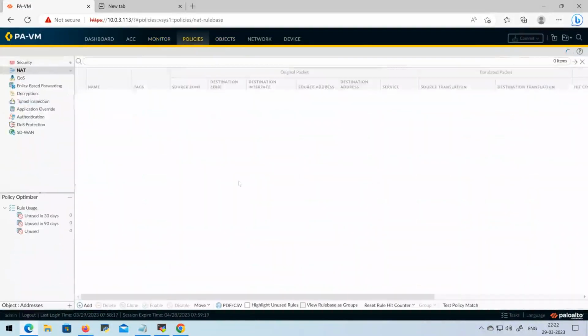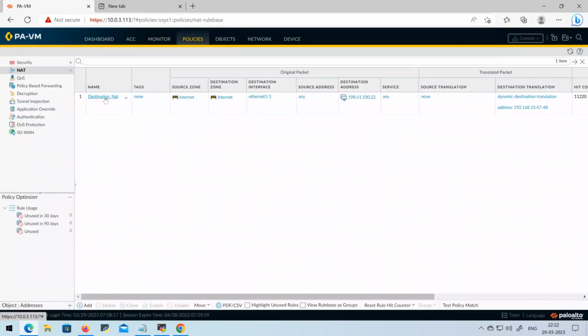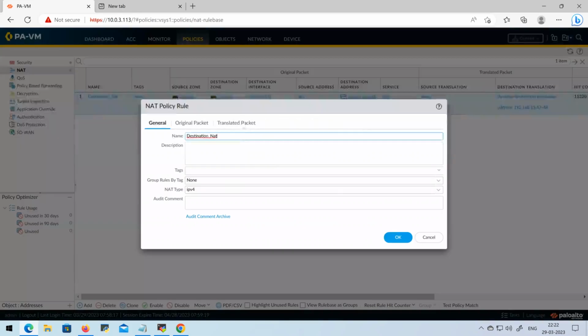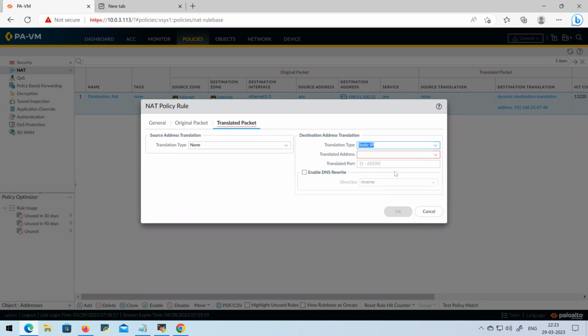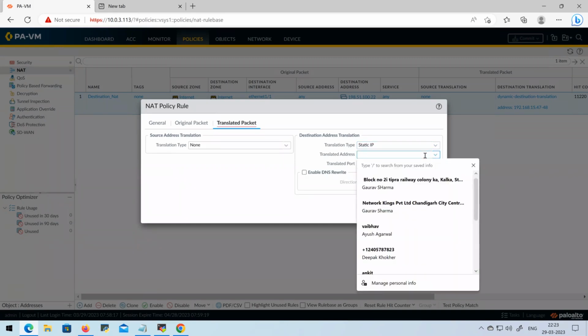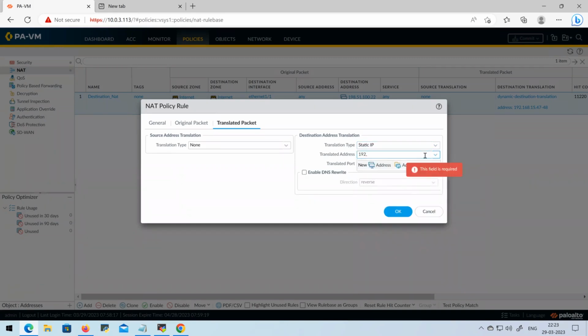Let's go to policy. Sir, one more thing is also going on. Whenever we allow these rules, during testing they are using telnet to access that port.